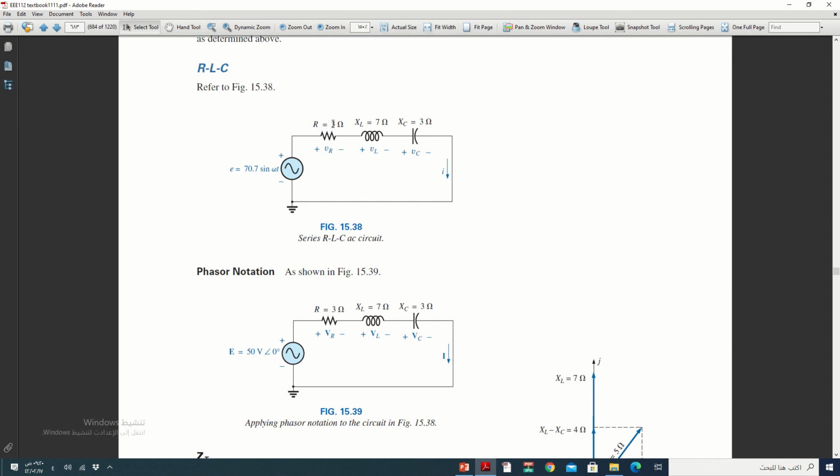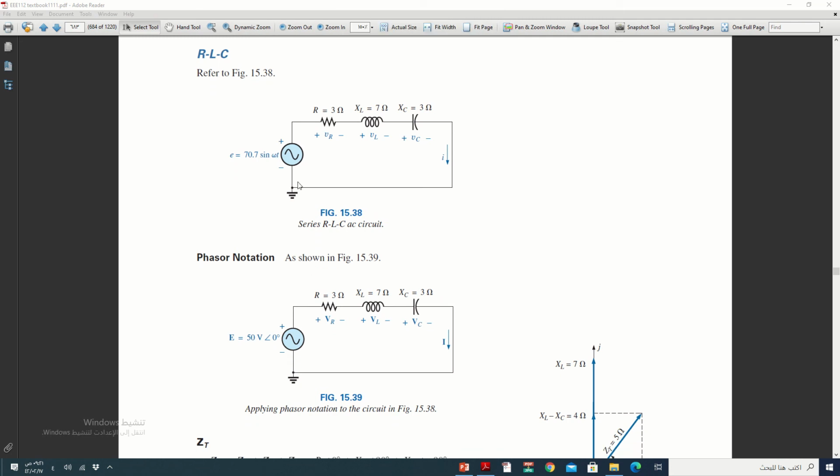Similar, we have a resistor 3 ohm, 7 ohm inductor, 3 ohm capacitor. This voltage with the sinusoidal expression, if we need to convert it to phasor form, we will divide by root 2. You will get 50 with angle 0.